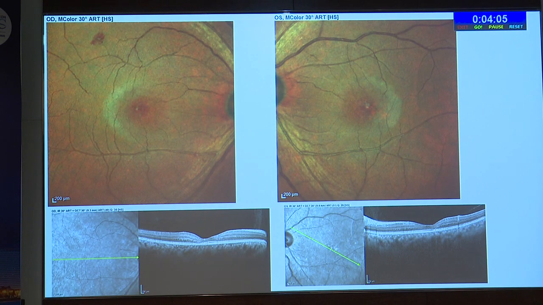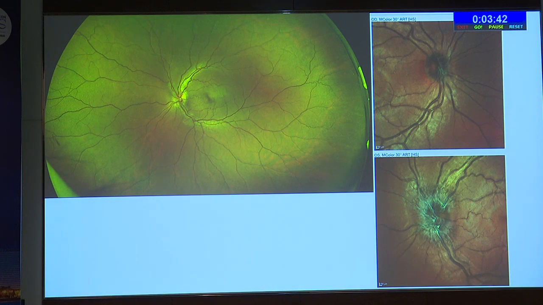So for small, minute, very subtle pathologies, for macular imaging, the Heidelberg Spectralis is a step ahead of the OPTOS. The true advantage of OPTOS is to get very panoramic views, but very, very small lesions on the macula can be missed by this technology, which can be picked up by the Spectralis.